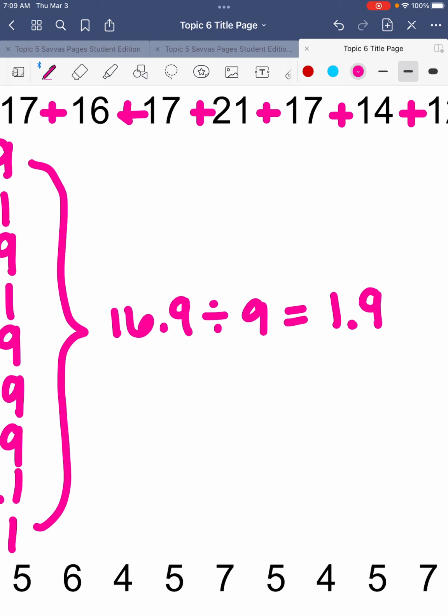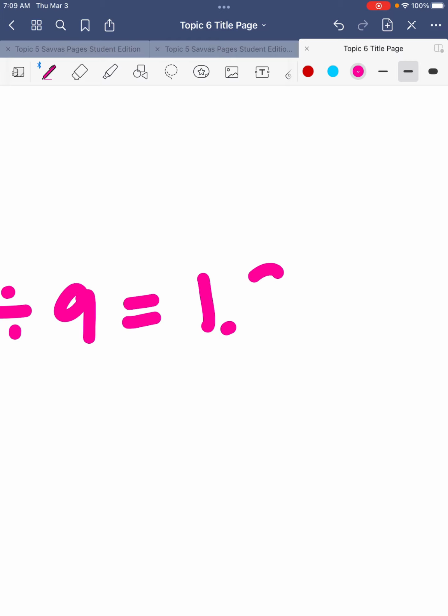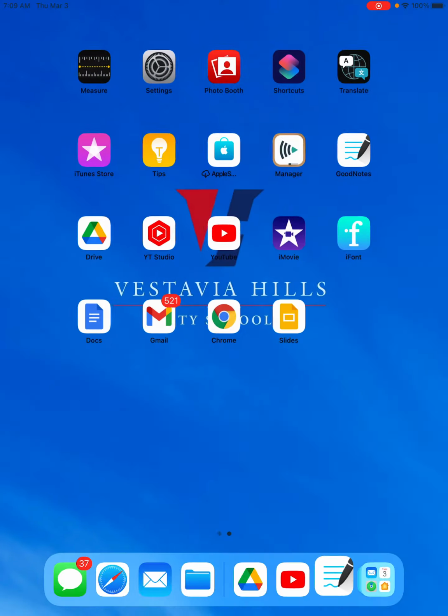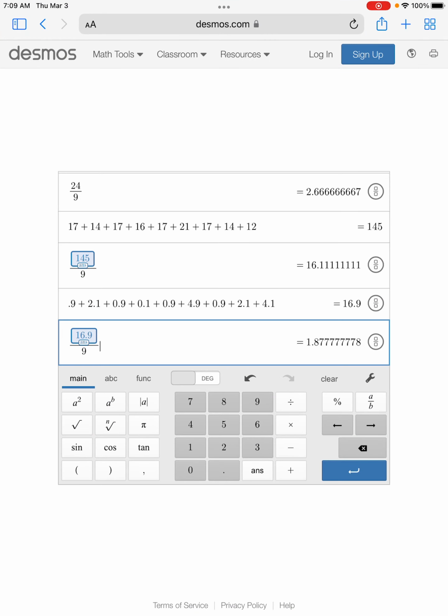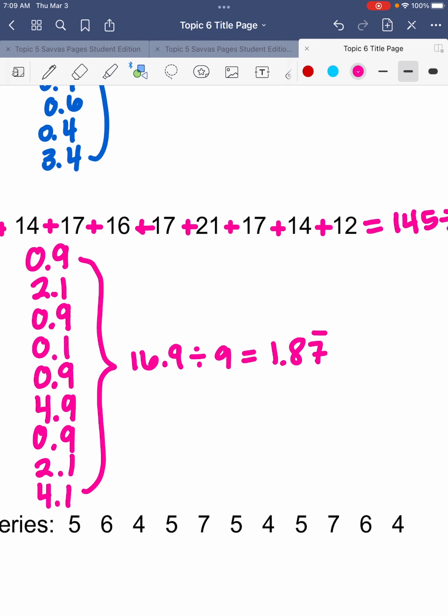Actually, no, I wrote 2 decimal places last time. So let's leave that with 2 decimal places. 1.87 repeating. Yes, 1.8 with the 7 repeating. So that right there is our mean absolute deviation.